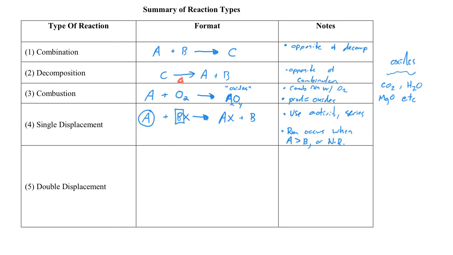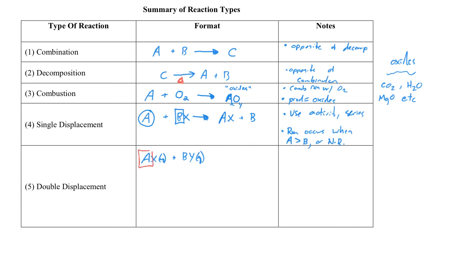Now let's go on to the last one, which is double displacement. Now, we just did double displacement, so it's fresh in our minds. Let's just kind of write down what we have. We see that in a double displacement, unlike a single displacement, we have two different salt solutions. We have AX, and then we have BY. And these are our salt solutions. So usually these are aqueous. Now, in the double displacement reaction, what happens is both cations switch places with the anions.